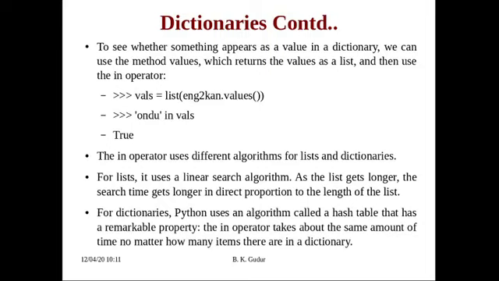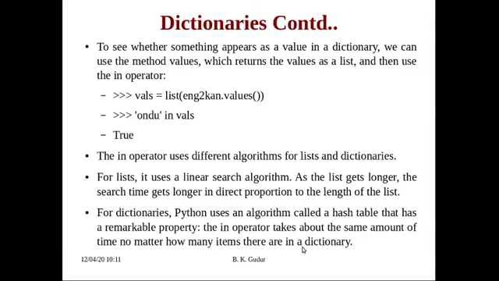Whereas for a dictionary, Python uses an algorithm called a hash table. This is a very important algorithm in computer science. It has a remarkable property: the in operator takes about the same amount of time no matter how many items are in a dictionary.